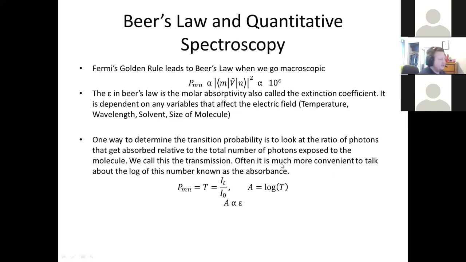And to finish off Beer's law, we might ask ourselves, what are the other things that this is dependent on? This is sort of a microscopic picture, so there's one molecule present. So it's definitely dependent on the concentration of molecules in that area. So we have to consider the concentration. That's definitely going to be part of this proportionality constant.